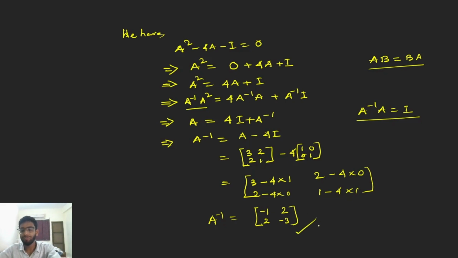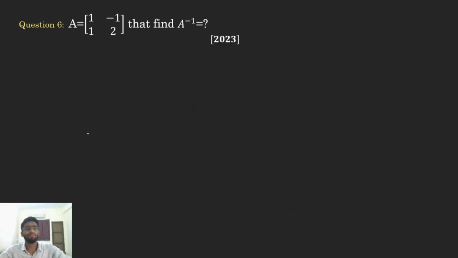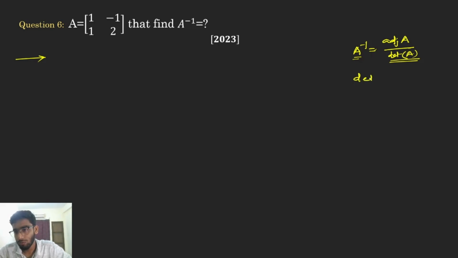After this, move to our next question. This is question 6. Here also we have to calculate A inverse, but in this question we are going to calculate A inverse using the formula adjoint A by determinant of A. To find A inverse, the determinant cannot be 0.